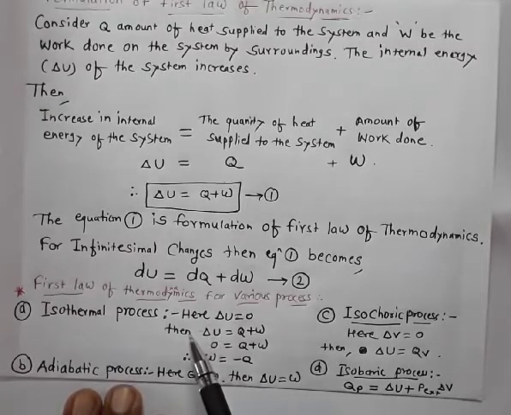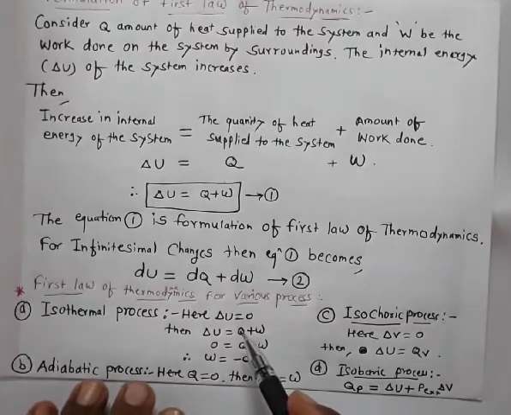The isothermal process is a process in which the temperature remains constant. In the isothermal process the internal energy is constant. That means delta U is 0.